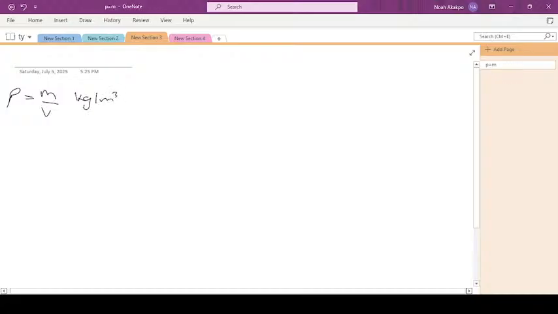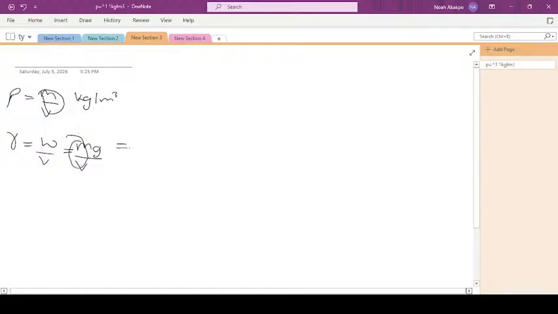We'll also be looking at specific unit weight. Specific unit weight is equal to weight over volume. And we know weight is equal to mass times acceleration due to gravity. And so, looking at this, you can see density appearing over here.